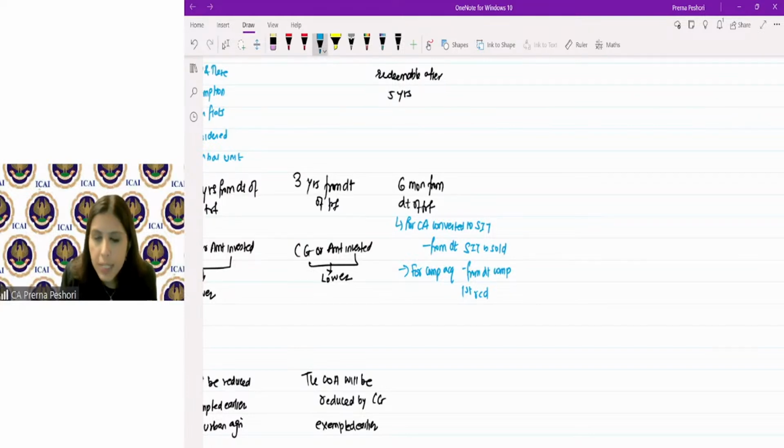So there is a court ruling which says that you cannot claim the 54EC in the case of liquidation because this is a deemed transfer of capital asset and not the actual transfer. So 54EC can be claimed only in the case of the actual transfer and not in the case of the deemed transfer. Fine.